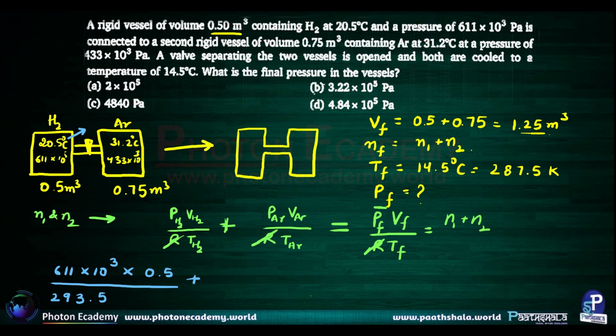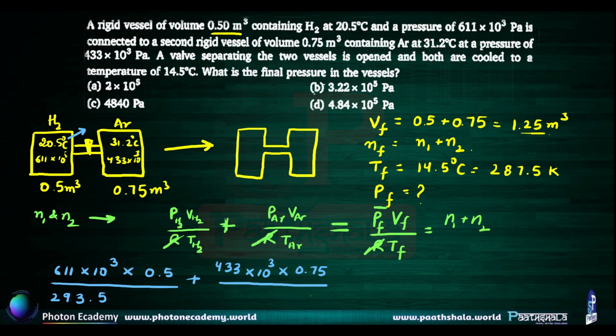Plus P of argon is 433 into 10 cube, V of argon is 0.75, divided by temperature of argon, which will be 31.2 plus 273, which comes out to be 304.2. Now this is equal to P final into V final, which is 1.25, divided by T final, which is 287.5.